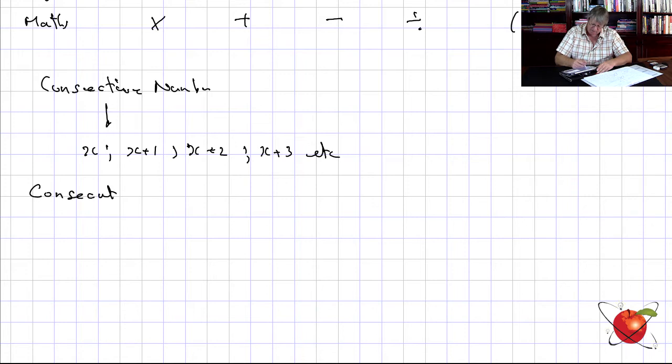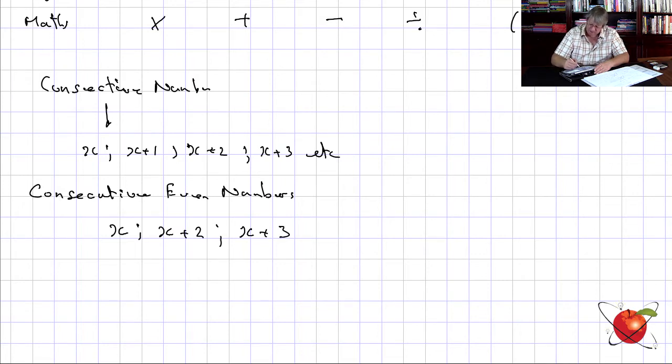What does consecutive mean? Consecutive means the one following the other one. It means they follow the next one on. Consecutive even numbers is x, x plus 2, x plus 4. All right? And consecutive odd numbers is the same.